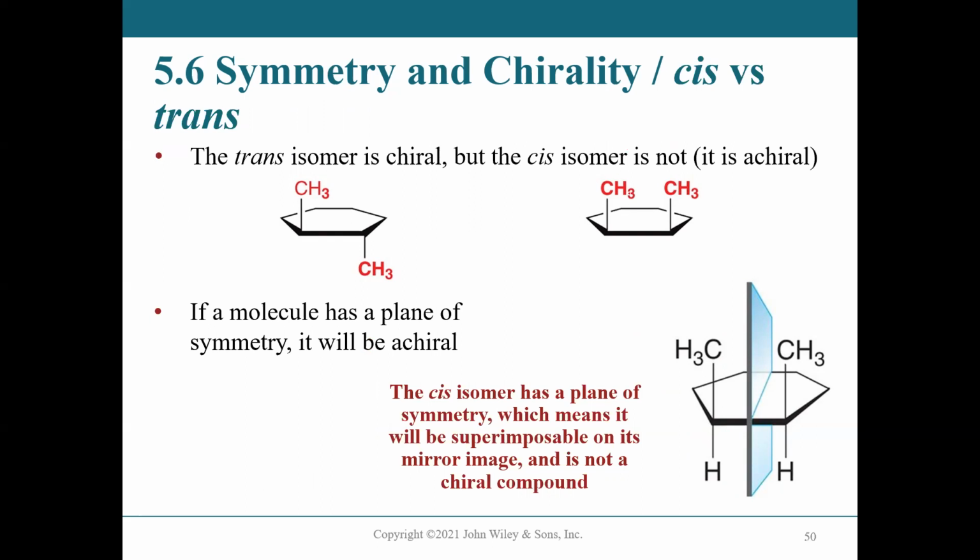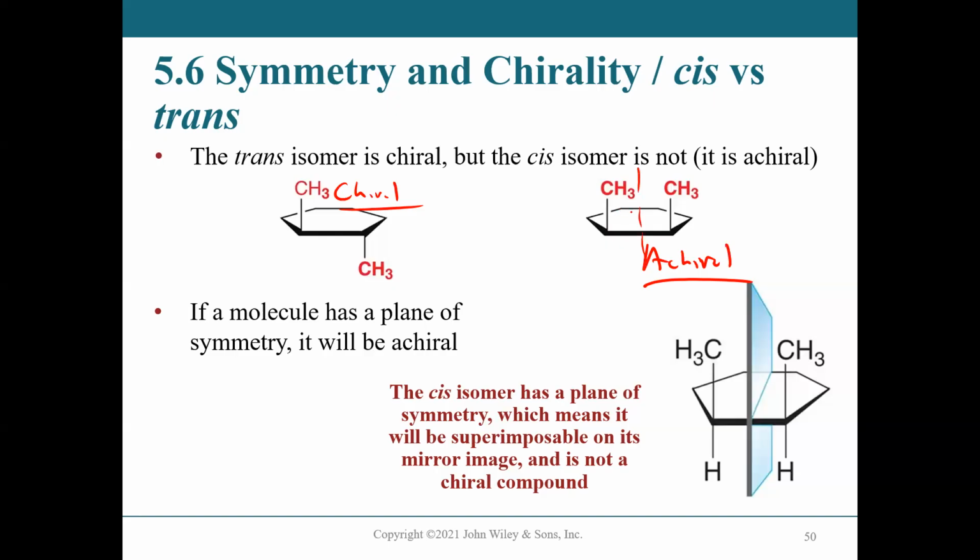So that means this is chiral here. This compound is chiral. This is achiral. So it's not a chiral compound. It has a mirror image superimposable on itself. If you divide it right here, that's the mirror image right there.